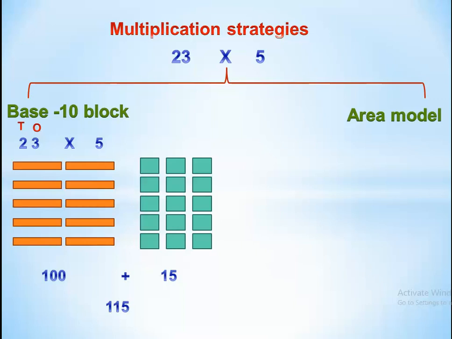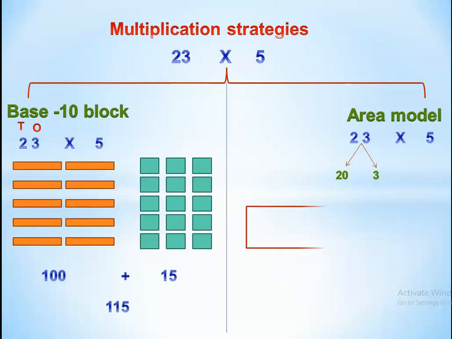Okay, area model. If we have 23 times 5, we must decompose the biggest number. We know that 23 is 20 and 3. Let's draw the rectangle and divide the rectangle into houses according to the number of houses of the biggest number.